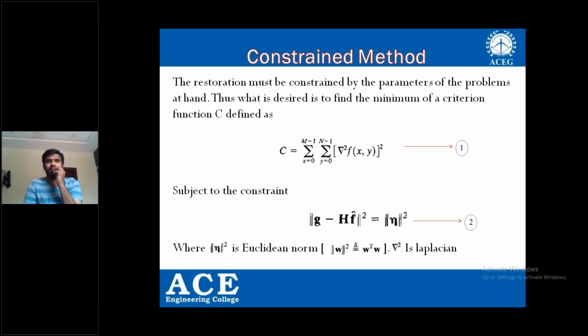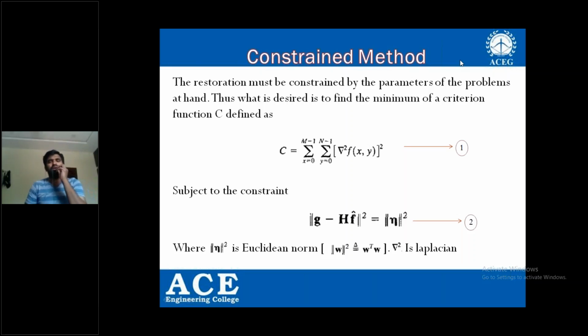What do you mean by that? The desired one here is to find the minimum of the criterion function. What do you mean by criterion function? The criterion function is nothing but the square of the Laplacian. Laplacian will give the change in both directions, right? We know the gradient operator.